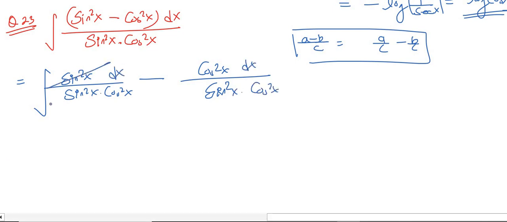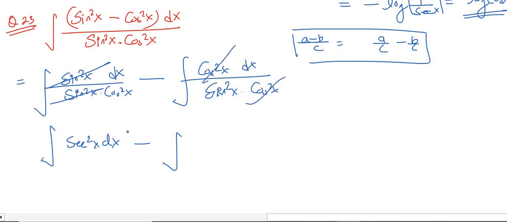Correct? Here clearly this is cancelling. 1 by cos square is, everybody knows, sec square dx minus. Here what is cancelling? This is cancelling. See, you should know this integration goes to both parts, so I have separated it. Integration is going to both, to this also and this also. And what is 1 by sin square?